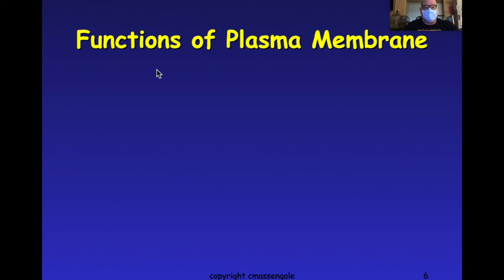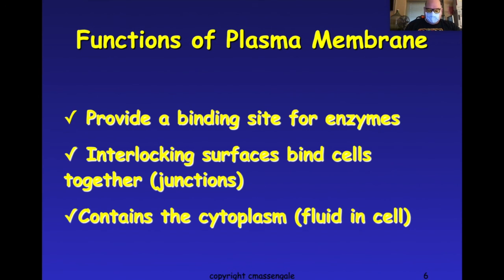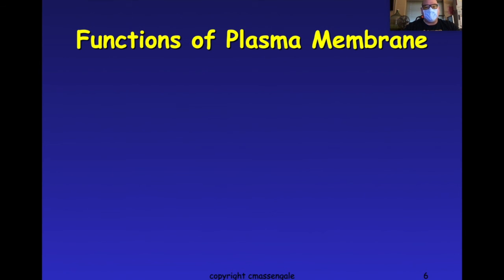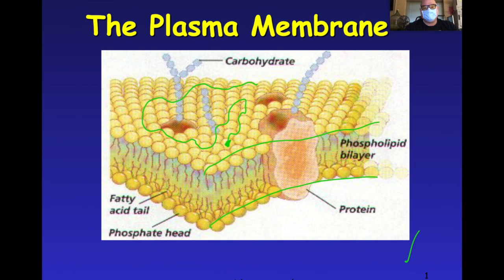So, some other things that we're going to look at. These are more functions. Cells often have interactions with chemicals in the environment. And so, if you go back, I'm going to go all the way back to the beginning. Nice picture here. There are certain proteins that will float in the cell. Here are those carbohydrates that I just talked about.